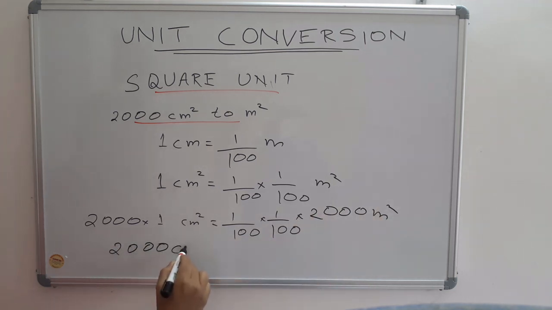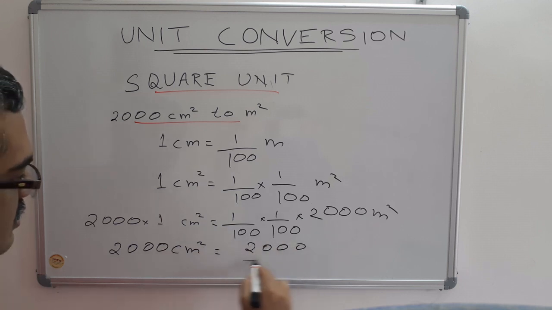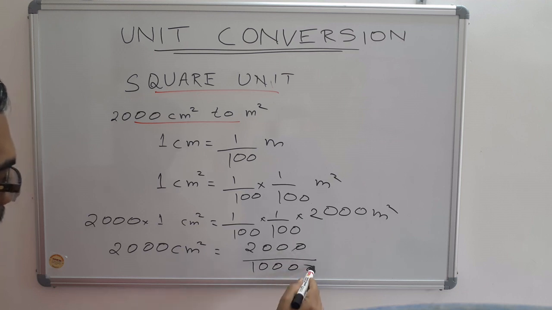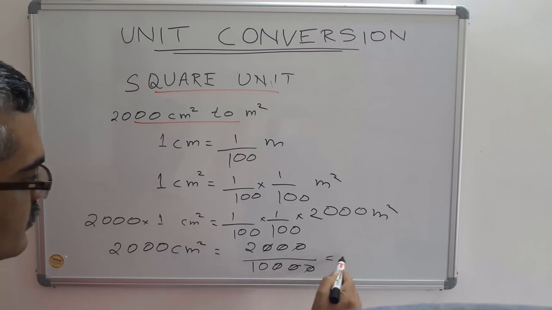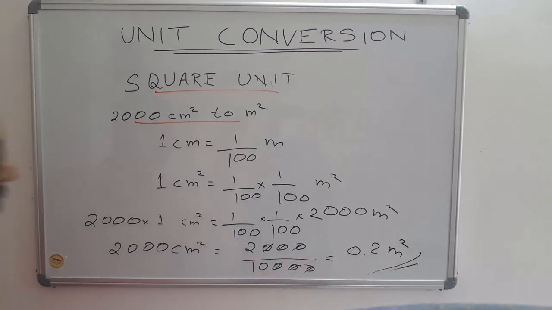That is 2000 centimeter square is equal to 2000 divided by 10,000. So it is 0.2 meter square.